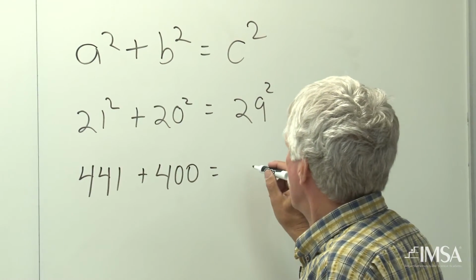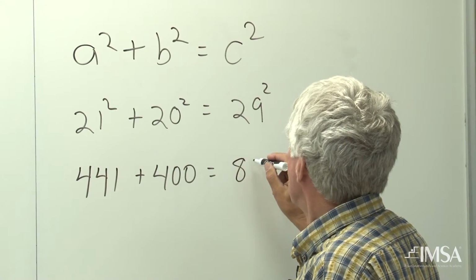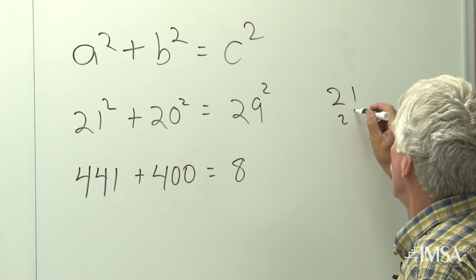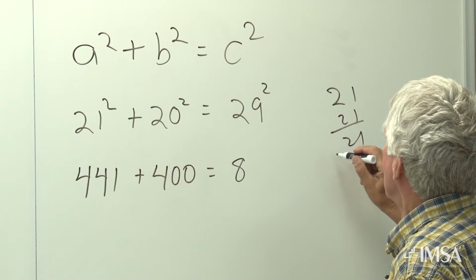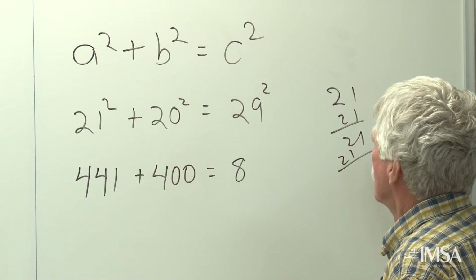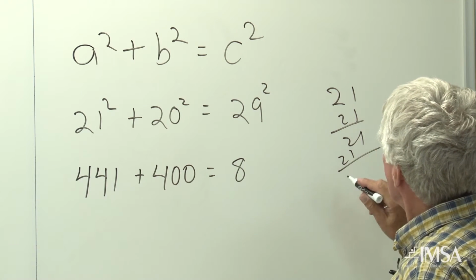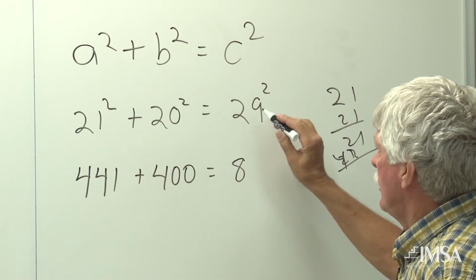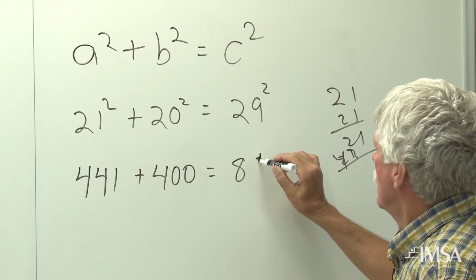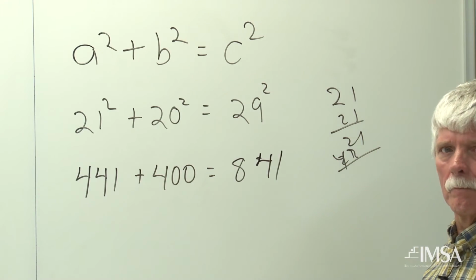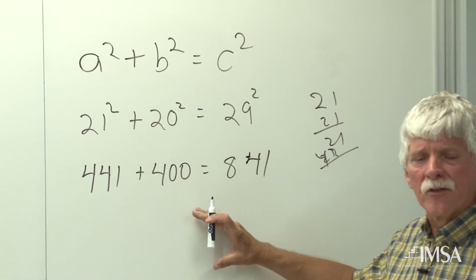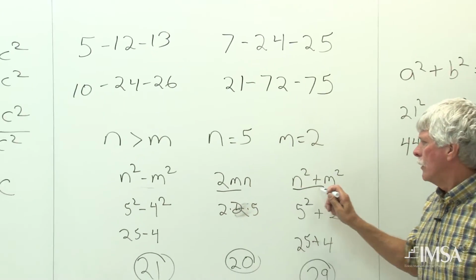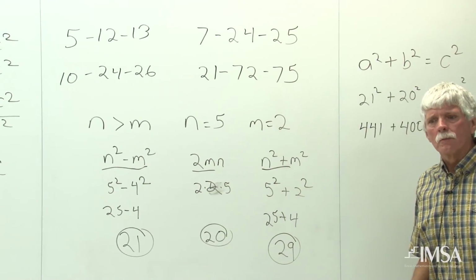Let me double check my multiplication. I made an error. It is 441 and 400, and this indeed is equal to 841. So we do have a Pythagorean triple using these three for our sides.